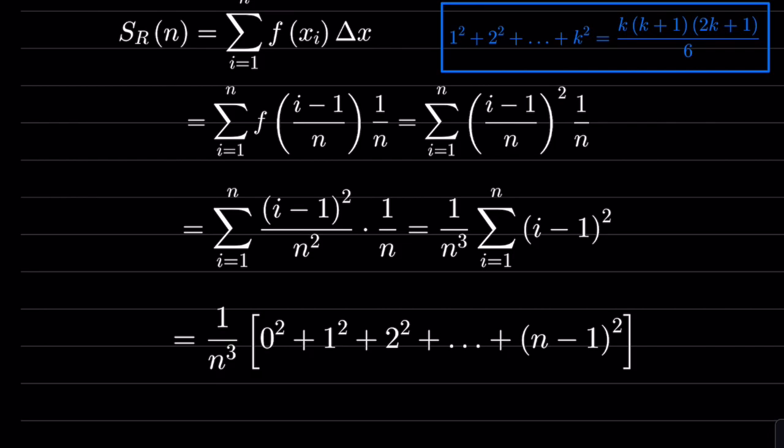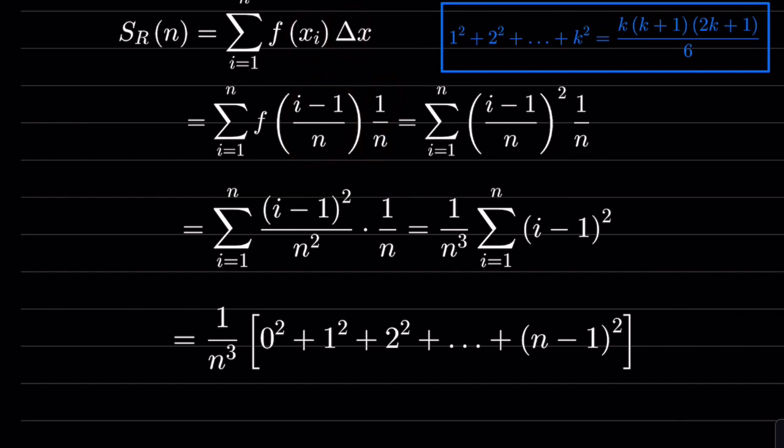Now, delta x is 1 over n, and xi minus 1, as I just showed you, is i minus 1 over n. So if we use n equal subintervals to get an approximation using the right-hand rule, it's going to be given by the sum, and I know what xi is and what delta x is.